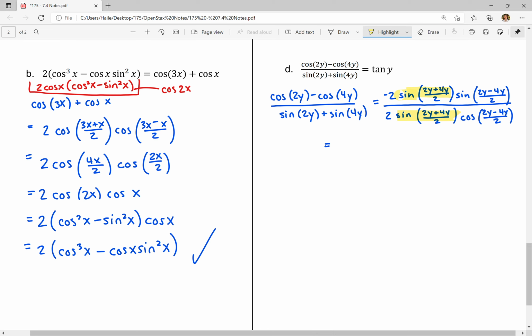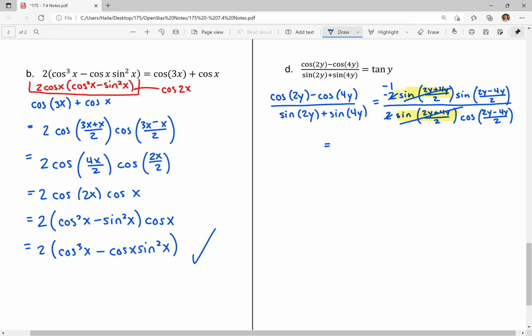So we have 2y plus 4y divided by 2. That means that we can cancel them because now we have everything multiplied across the top and multiplied across the bottom. Canceling comes into play. So since these are the same, we can just say goodbye. And we can do the same thing with the negative 2 and the positive 2 because they're both 2, but we're going to be left with a negative sign up top.